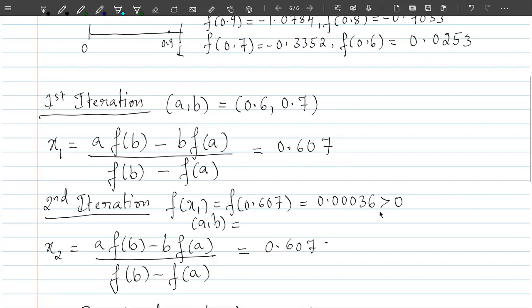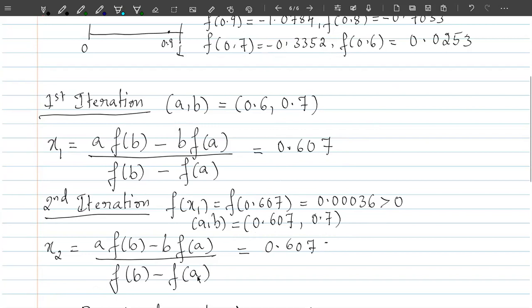To make an interval a comma b, you have this as a positive value and f of 0.7 is a negative value. So what should be the interval? The interval should be 0.607, 0.7, because for this one it is positive and for this value it's a negative value. So this should be your interval.